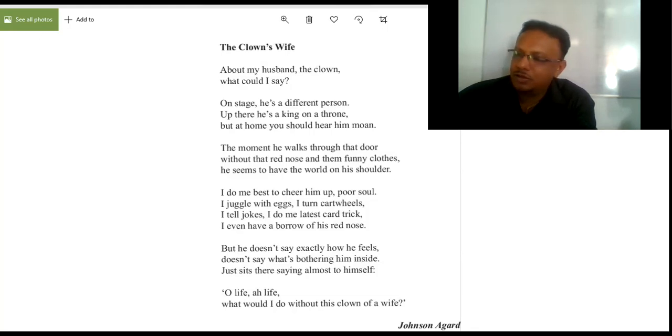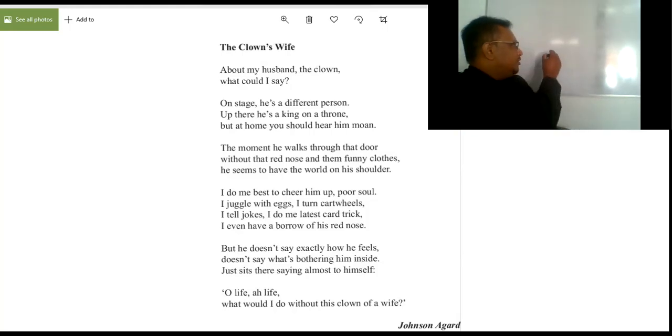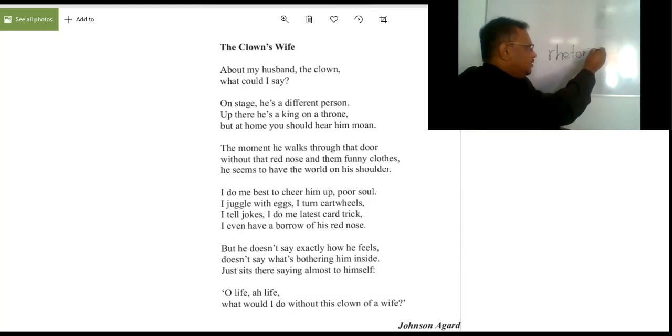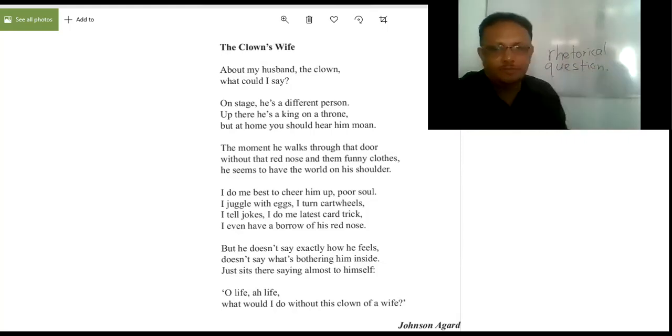And the title itself suggests that the clown's wife's views are presented. The first technique is the rhetorical question. Rhetorical question. So it's one of the techniques used by the writer.